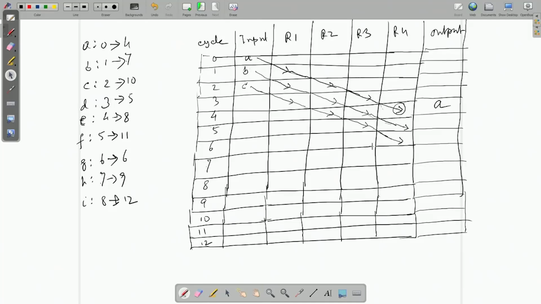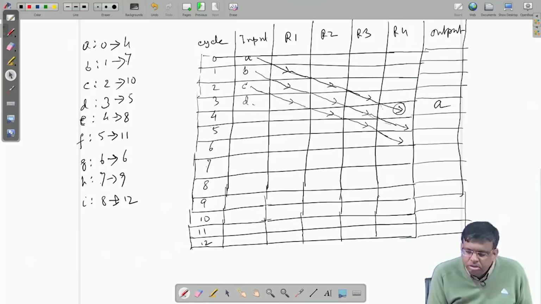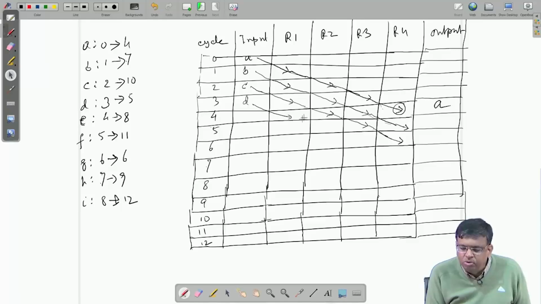Okay. Then comes D, D is 3 to 5. So, D, it is born, it goes like this. This is free, R1 input it gave, R1 output I have at 4. Then it comes here, it is given to R2 input in cycle 4, in cycle 5 when R2 is free, R2 stores it, gives it at the output, and its journey is from 3 to 5, so no need to proceed further.